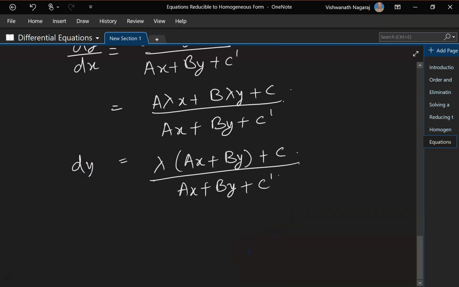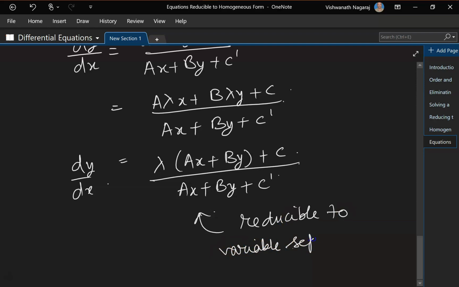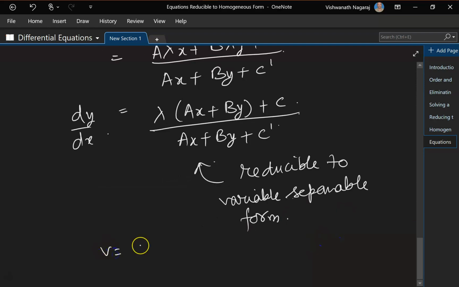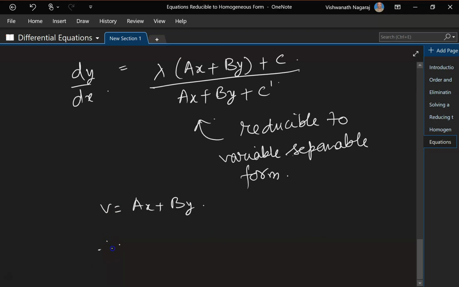This is dy by dx. Now this is reducible to variable separable form. So we say v is equal to Ax plus By, or z is equal to whatever letter you choose. So therefore dy by dx becomes (lambda v + c) / (v + C'), and proceed further.